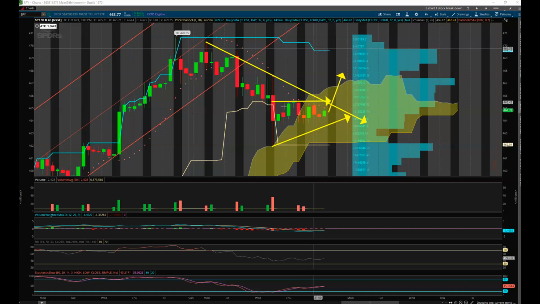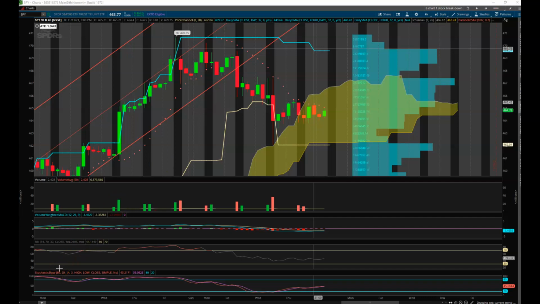Because if I enter at this point, wherever the highest bar was, that's usually going to be my stop, or that tail that lets me know if it breaks past this point, the trade is wrong and it's time to exit. So that is pretty much most of what I can cover when it comes to a range day.